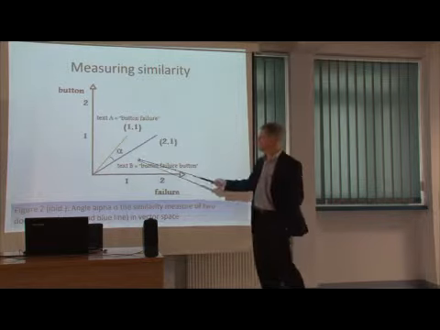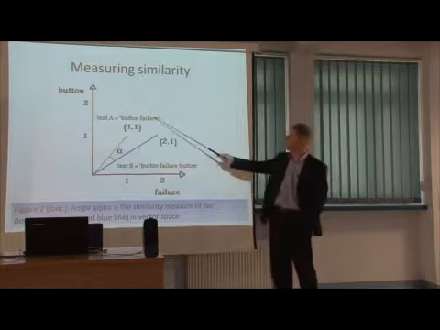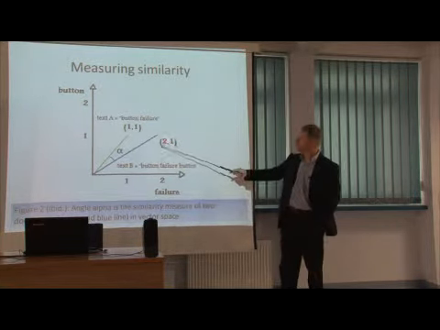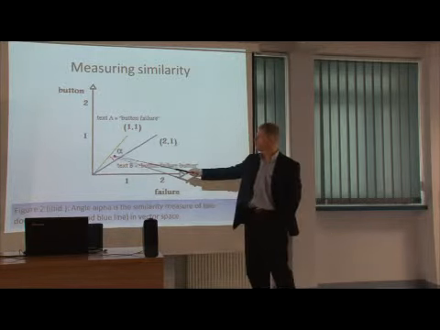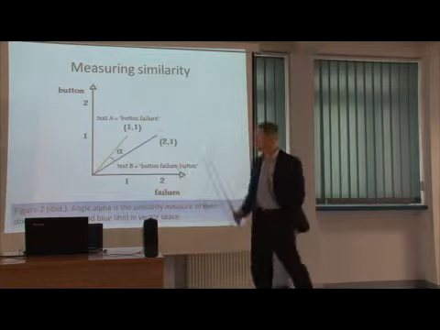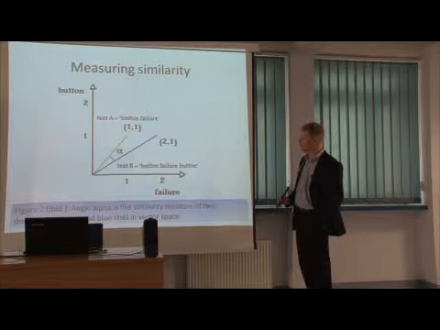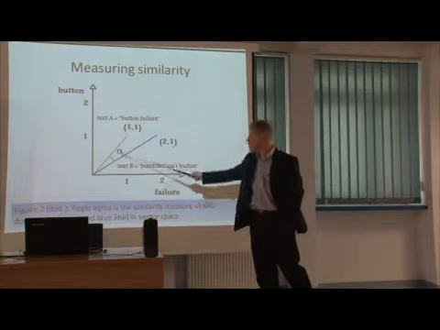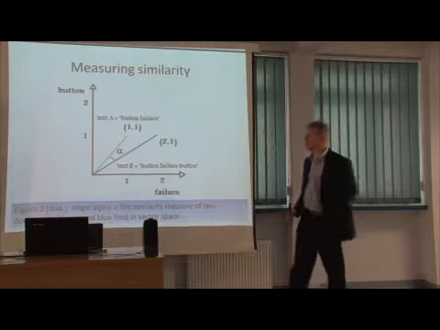So we have two texts. In one case, button appears twice. In another case, button appears once. So this vector is vector 2, 1. This is vector 1, 1. And we can measure the angle between these two vectors. So this angle is the measure of similarity between these two documents in the vector space.